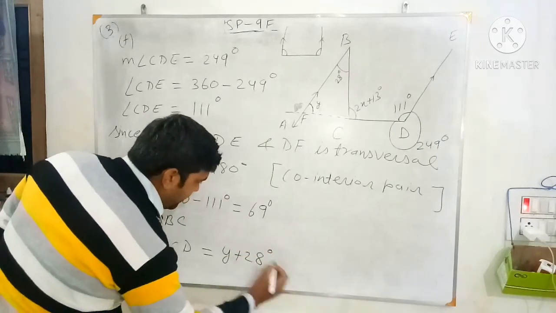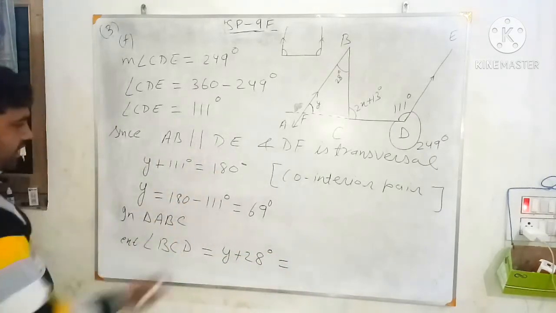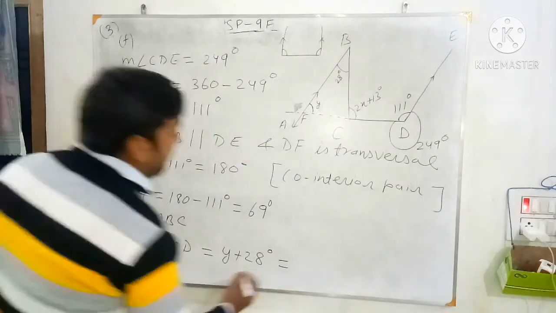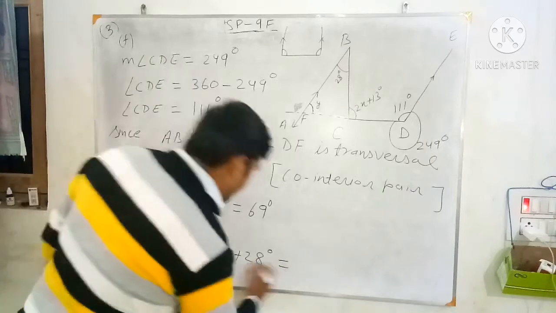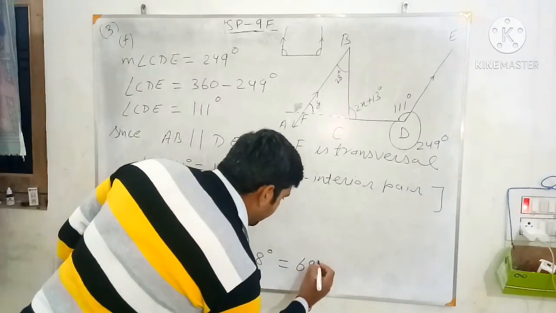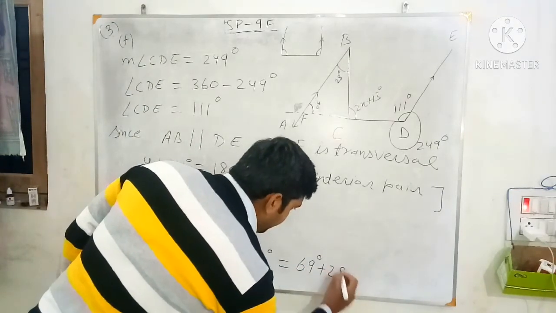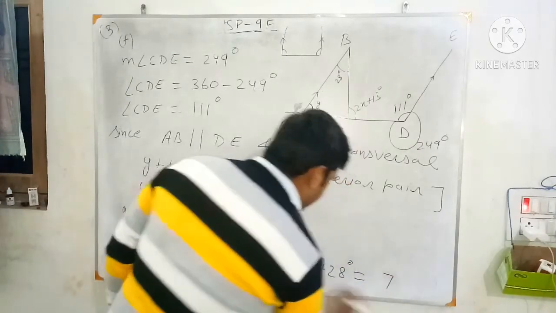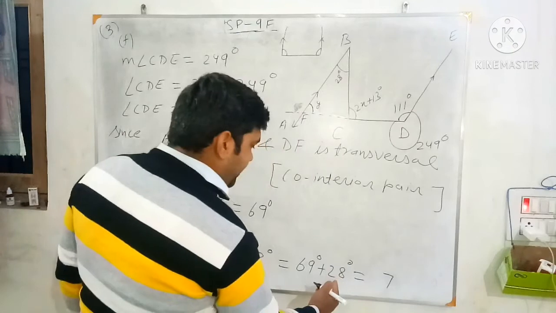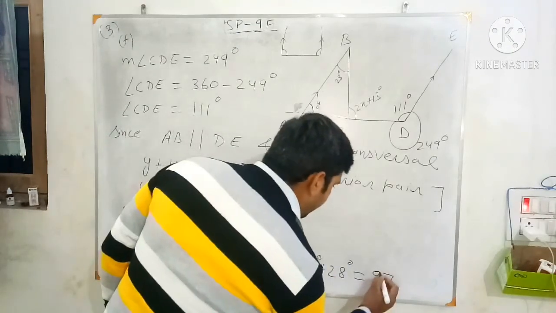Now the angle y we have found, angle y is 69 degree. So y is what? 69 degree. Now 69 degree plus 28 degree. So add it, what you get? 9 8 17, 7 carry 1, 6 to 8 19, 97 degree. So this value we got.